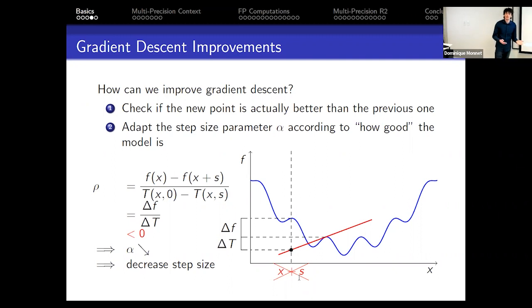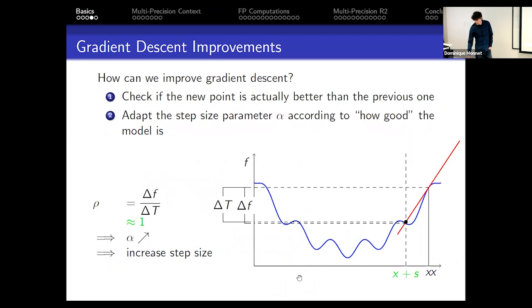So there is a difference in sign. So rho is negative, telling me that the function increases here, and that's not good. So if this indicator rho tells me that my model is not good, I'm going to decrease the step size parameter alpha to make a smaller step.